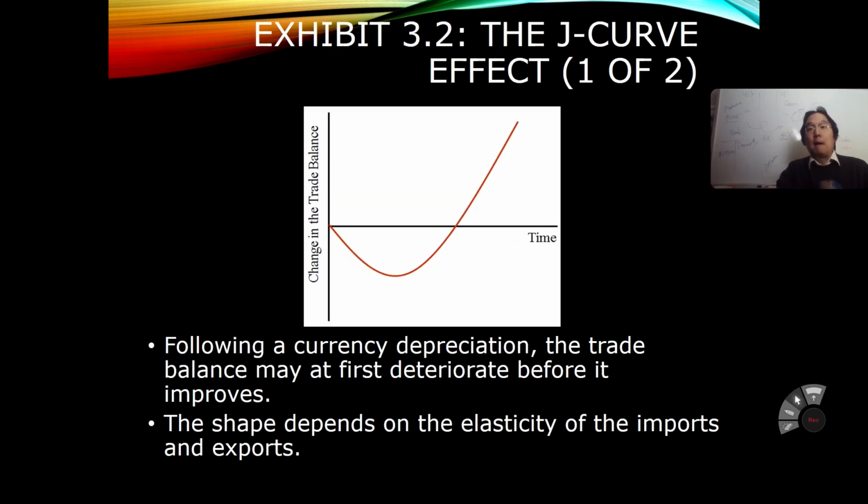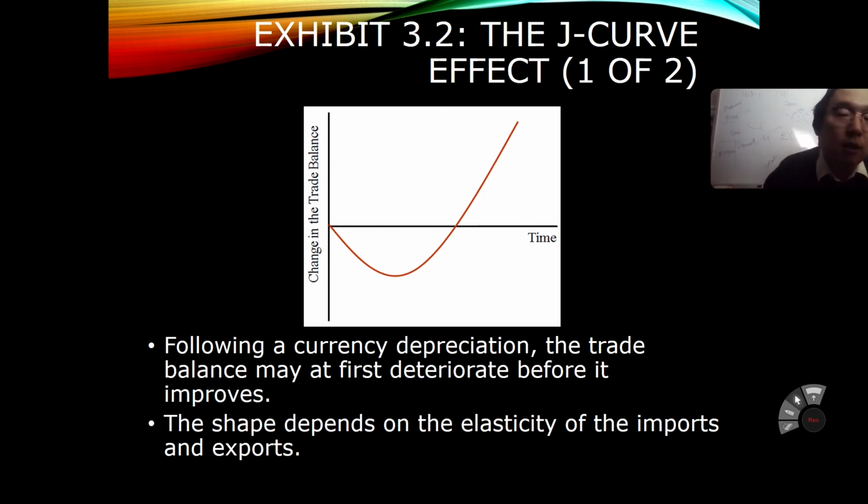Now, talking about the exchange rate and import and export and current account deficit versus surplus. How does a depreciation of a currency affect the trade balance? It can be an interesting question. Here's the J curve, because it is shaped like the alphabet J, as you see in the red line over there.